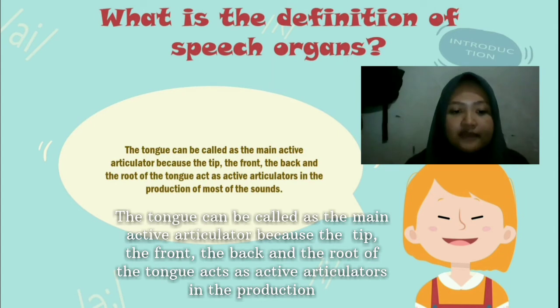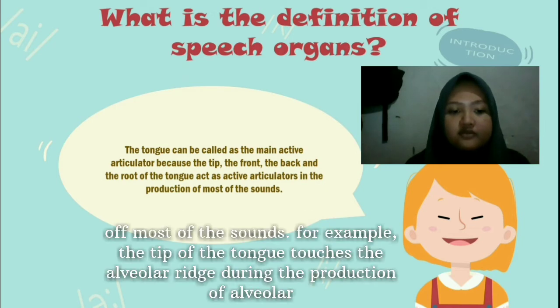The tongue can be called the main articulator because the tip, the front, the back, and the root of the tongue act as active articulators in the production of most of the sounds.